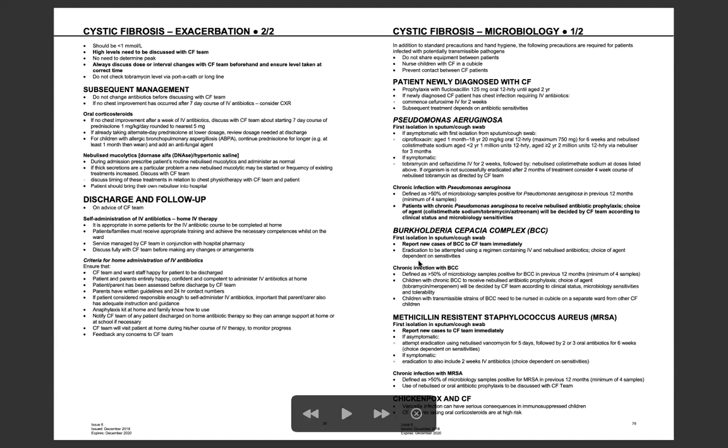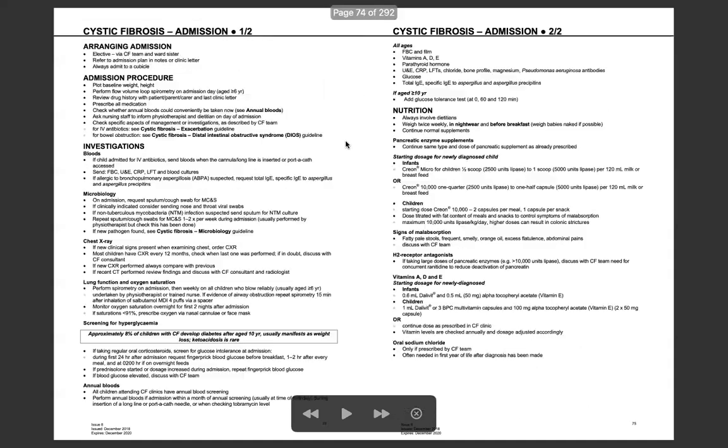Is Creon prescribed for everyone as a standard across the board, or do we have indications for prescription of Creon in cystic fibrosis? It's prescribed for all. Because from the beginning, they have a problem in the pancreatic exocrine function.